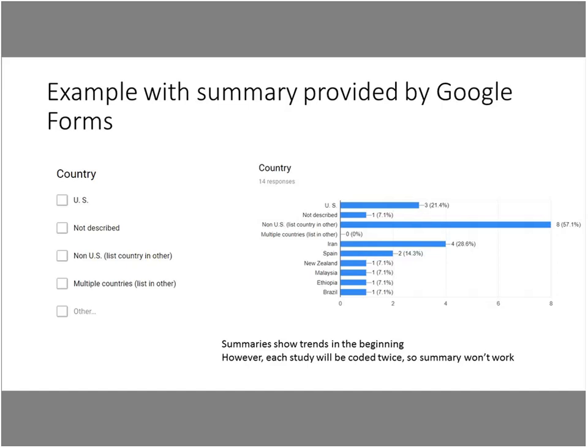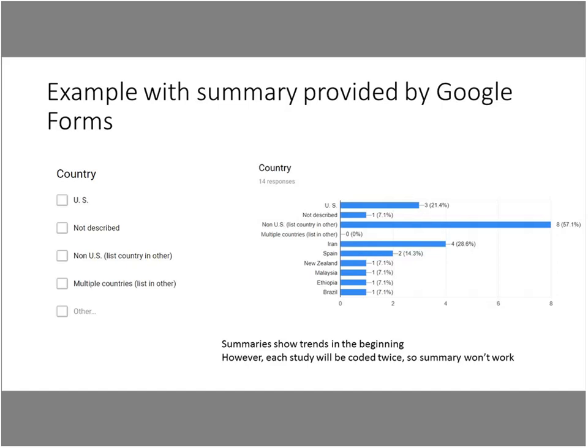And then as we did this, we started to notice that we had a lot more things that were from other countries, and Google started giving me this summary. So this I got from the summary screen in Google. I didn't have to create this, and this is one of the things that I like about using a Google Form, is that it will do those summaries for me without me having to do it if it's a question with options like this.